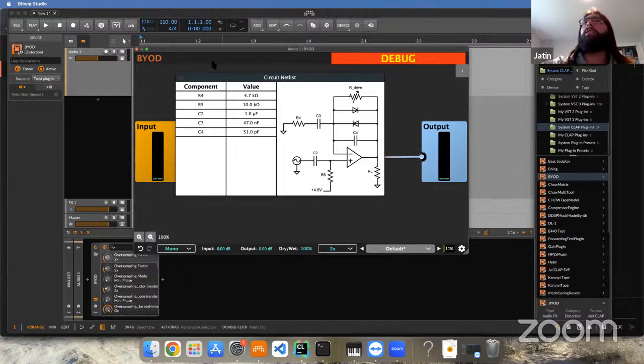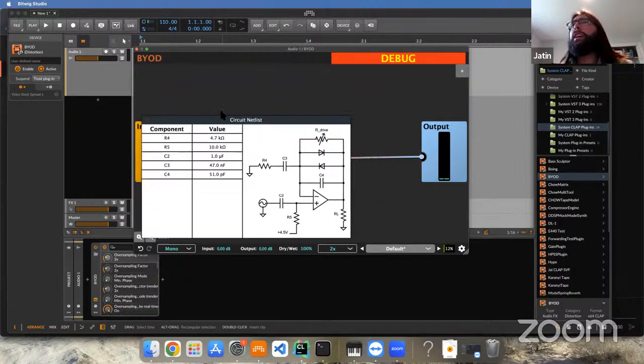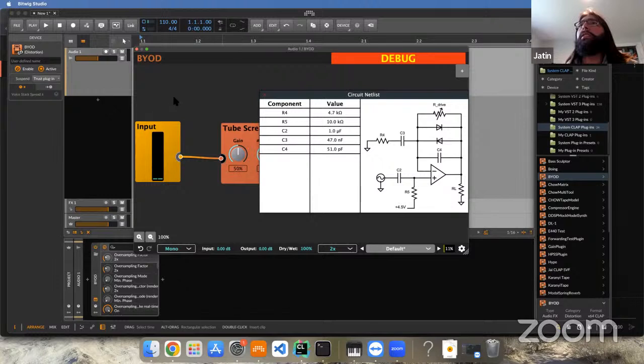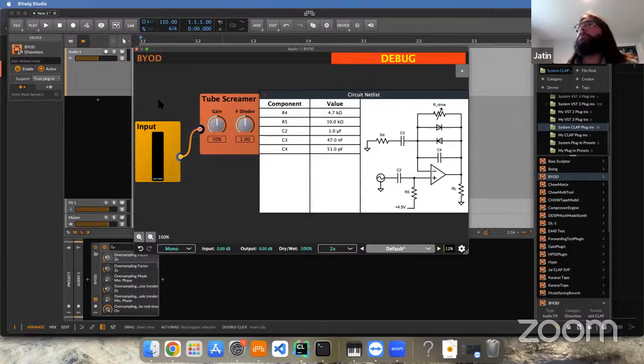So yeah, maybe I want to change the name there, but the idea is that we can actually edit the component values directly. We can't edit all the component values, because the gain is controlled by this R drive. The R drive resistor here is determined by the value of the gain parameter here.